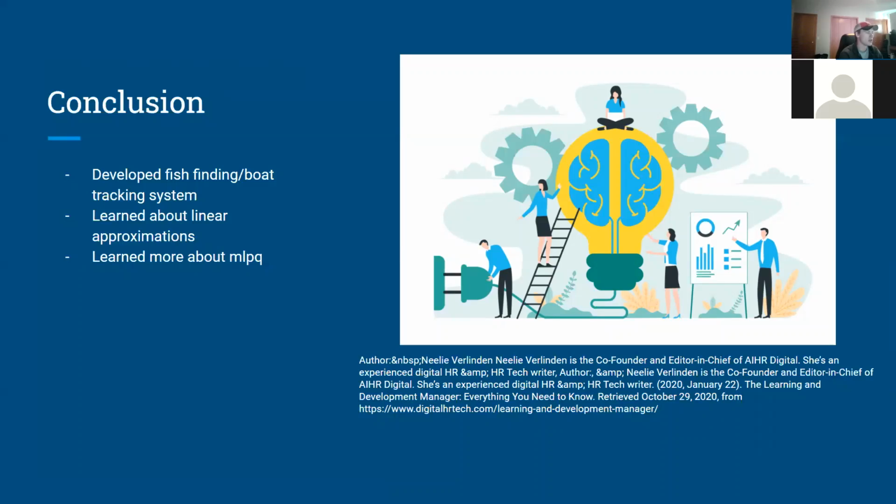Through that, we learned a lot more about linear approximations and interpolations, and specifically how to incorporate time into those interpolations to create a true spatial temporal moving points database representation given the data that we had. We also learned a lot more about MLPQ, specifically the temporal functions of that program and using that to animate objects.